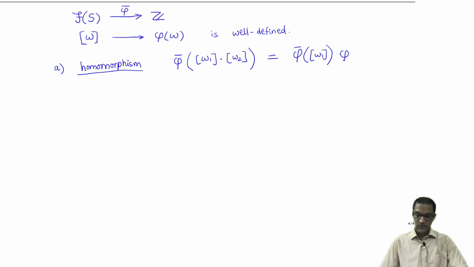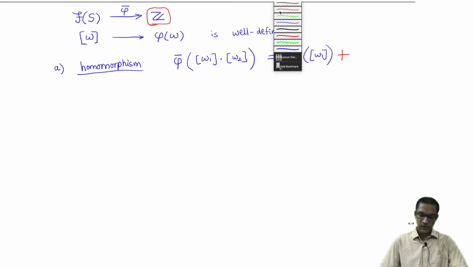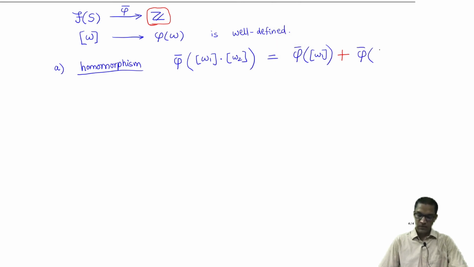But the product on the right hand side is computed in the group Z, in the range of this map. In other words, that operation is just the usual addition in the integers. So this is phi bar of W1 plus phi bar of W2. This is what I need to prove. This is what it means to say that phi bar is a homomorphism.